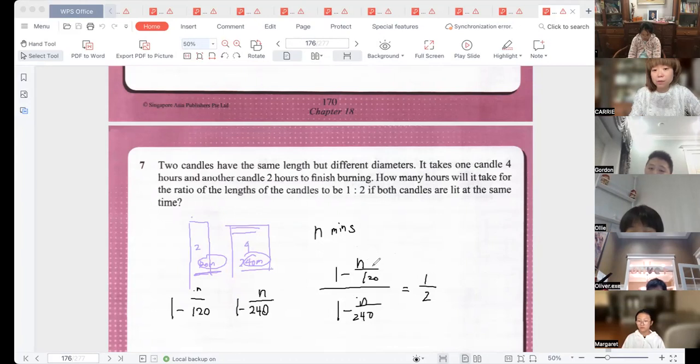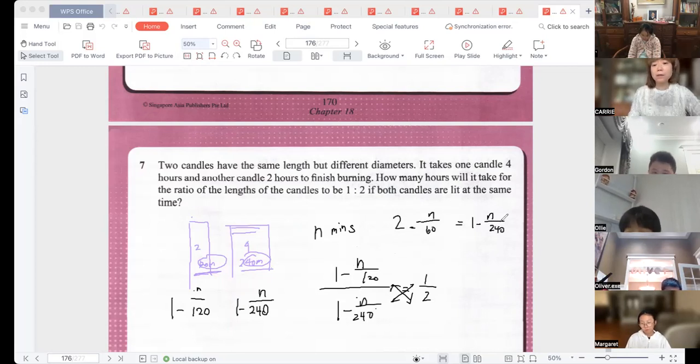Because the ratio of this one to this one equals 1 to 2, how do we do it? We cross multiply. So 2 times 1 equals 2, and n/120 times 2 equals n/60. So this side is 2 minus n/60, and the other side is 1 minus n/240. Am I right, everybody? Now I put the n terms together and the numbers together.